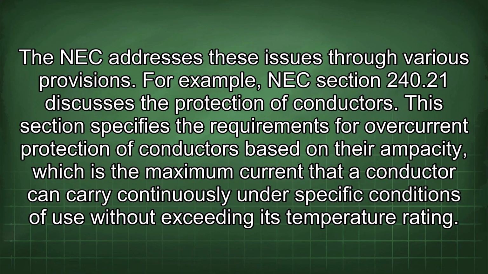The NEC addresses these issues through various provisions. For example, NEC Section 240.21 discusses the protection of conductors. This section specifies the requirements for overcurrent protection of conductors based on their ampacity, which is the maximum current that a conductor can carry continuously under specific conditions of use without exceeding its temperature rating.